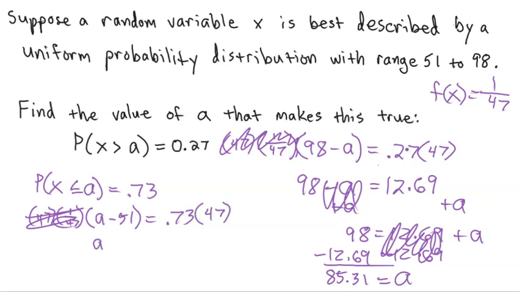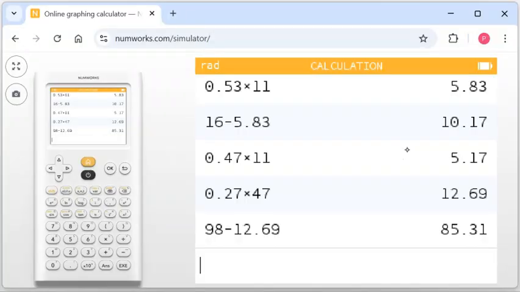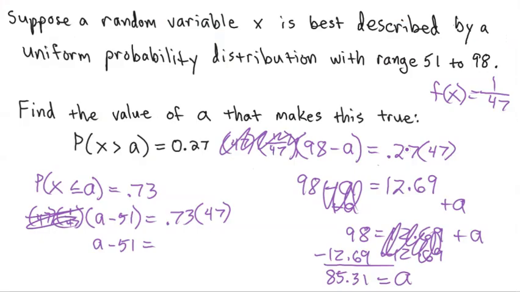We're going to get a minus 51 equals whatever 0.73 times 47 is. 0.73 times 47. And that's going to give us 34.31. Now we're going to add 51 to both sides and be done.